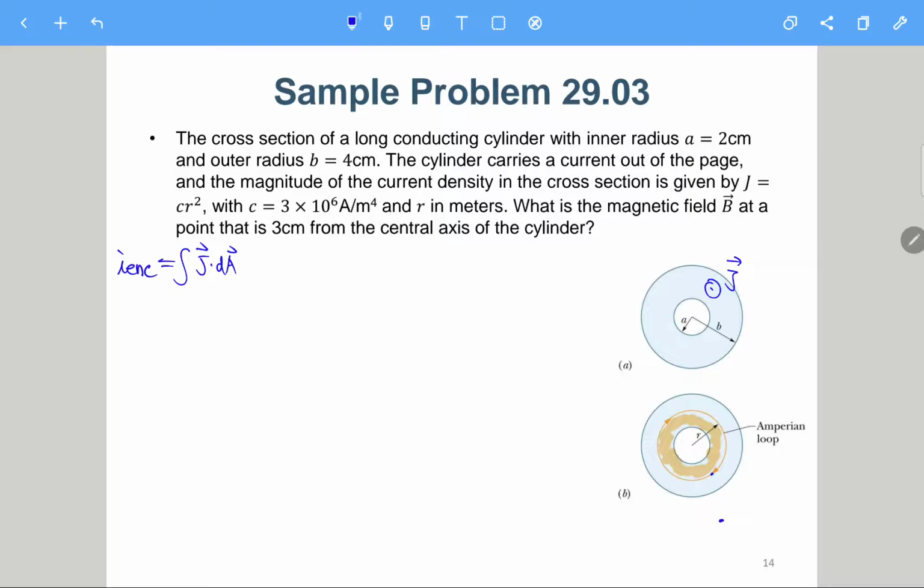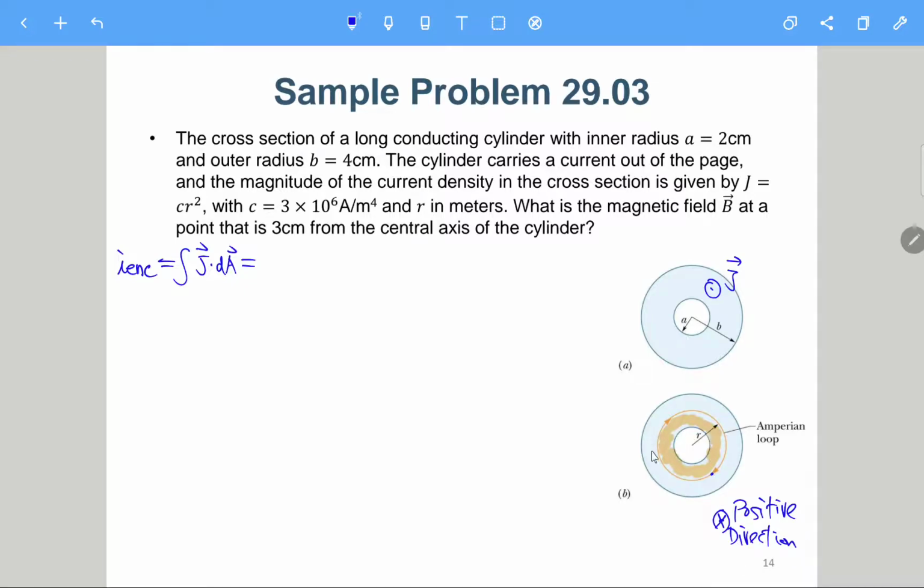As this loop is clockwise, we will have dA into the page, the positive direction.